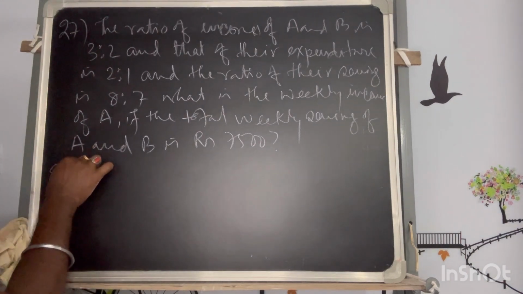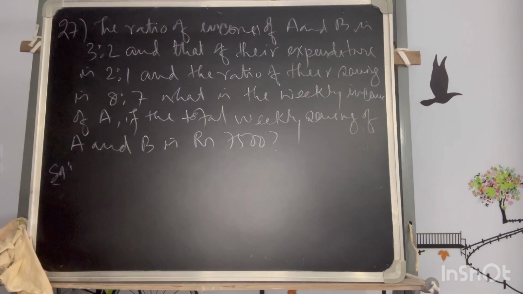Okay, so now the ratio of incomes of A and B is 3:2.